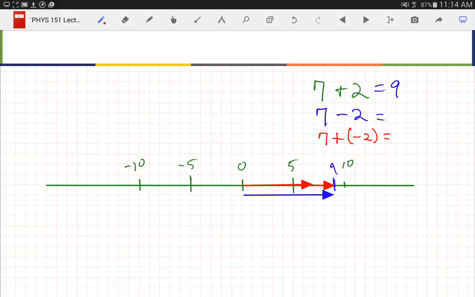If I'm going to subtract a vector, I'll take the first vector, mark it down there, and then I'll just reverse the other vector, change its direction, and then add it just like I would add vectors. So if I want to do 7 minus 2, I would go out 7 just like I did, but then I have to do a minus 2 on that, and my answer clearly is 5.